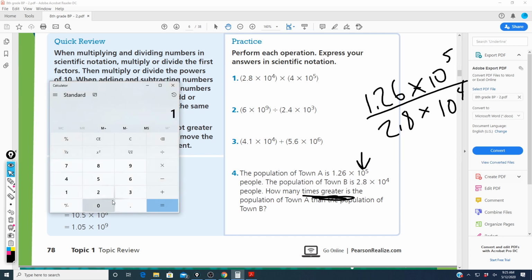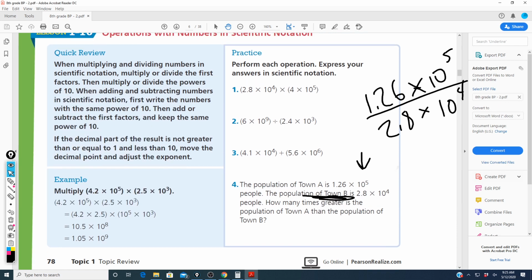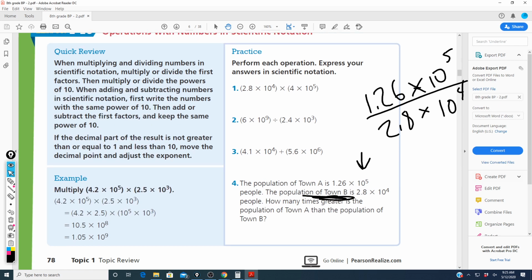If I take 1.26 divided by 2.8, it's going to give us 0.45. So it's going to give us 0.45 times 10 to the first.